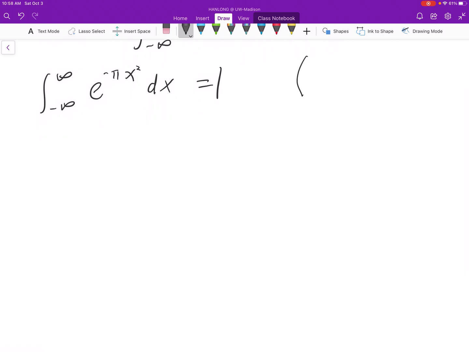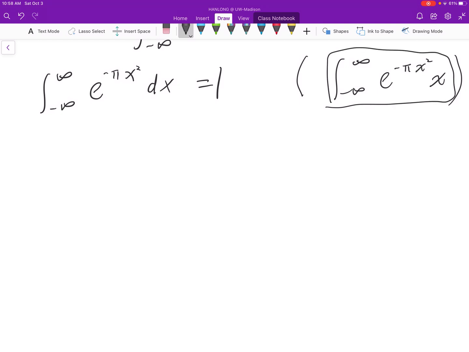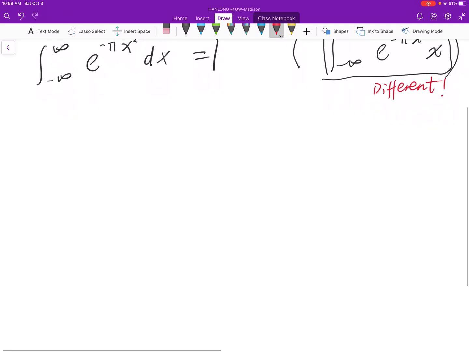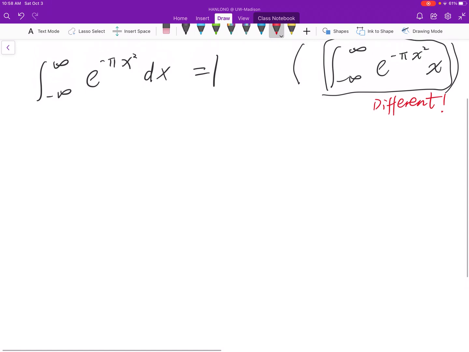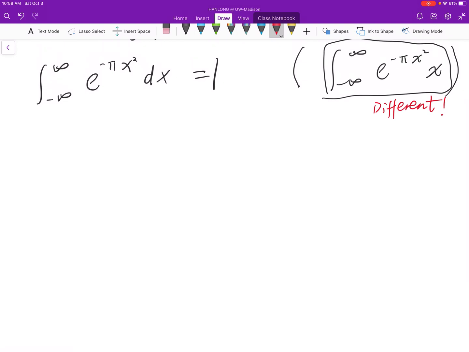It's different from this one. This one you can just use substitution. But this one you cannot use techniques you learned in calculus 2 to evaluate.